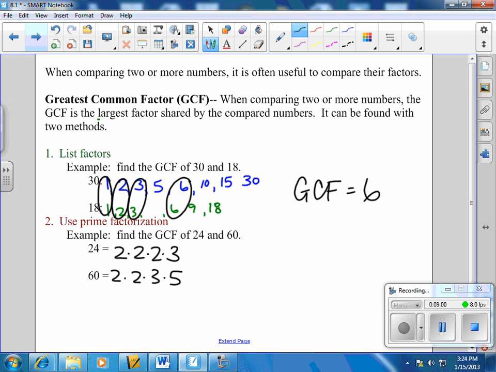And then we want all of the factors that they share. So they each have a 2 and a 2 and a 3 in common. Now if we multiply all of those together, we end up with 2 times 2 times 3, which is 12.